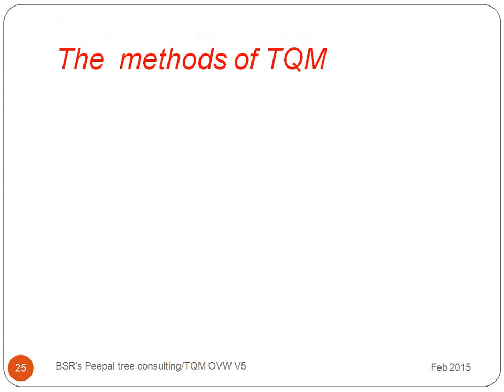From here, if I switch to the methods, I'm not describing the other aspects in great detail. If you look at the methods, some names that we are familiar with, the methods help us to implement the systems that we talked of. So the methods of TQM could be the 7 QC tools.